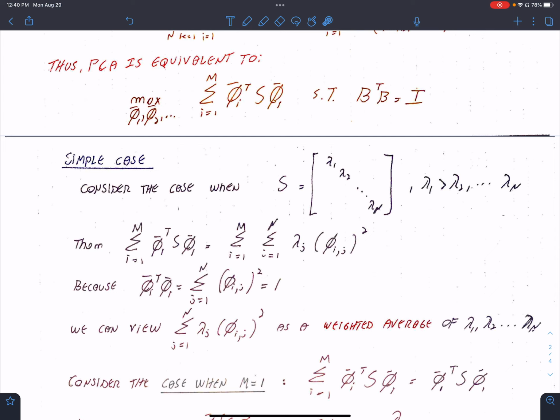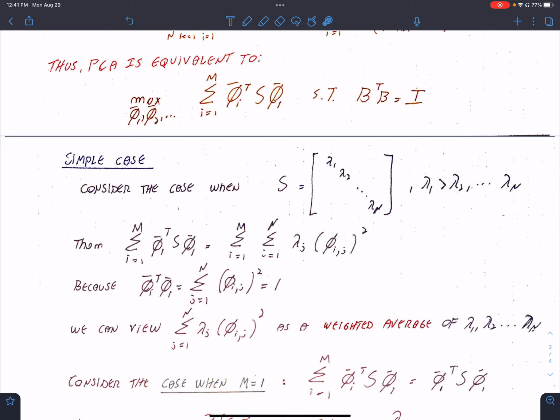And let's make the simple assumption that the values here are already in decreasing order. So if I plug S in this specific form into our problem here, it reduces to this particular sum over j, where j here is from 1 to n because S is of size n by n.